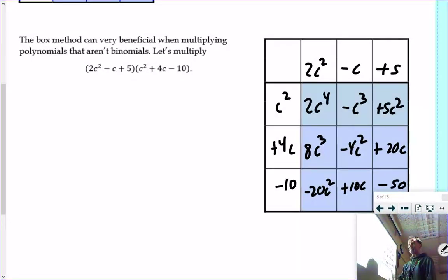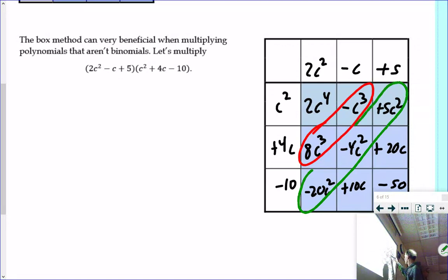Now, when you do it this way, again, if you did it vertically, the way I showed you a second ago, everything would be lined up for you. Here, you got to look at your diagonals again. This won't always happen, but a lot of times it will. So we have our c to the third terms. I've got 3 c squared terms, and then I have a couple of c terms here that we can combine.